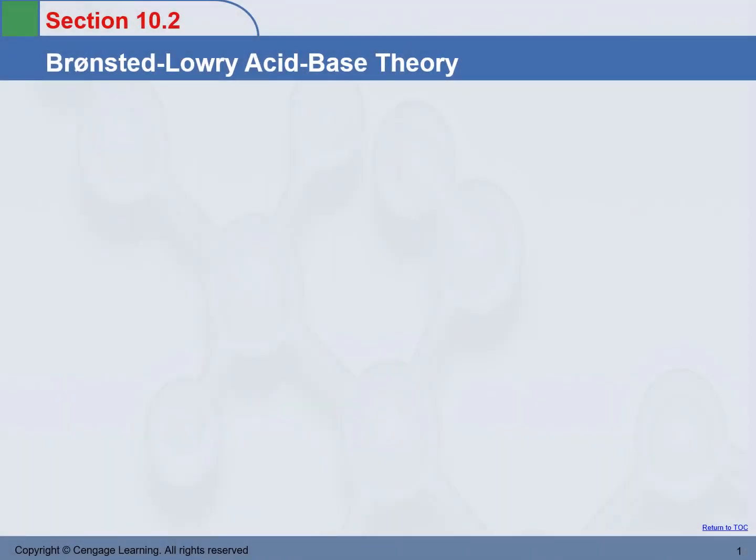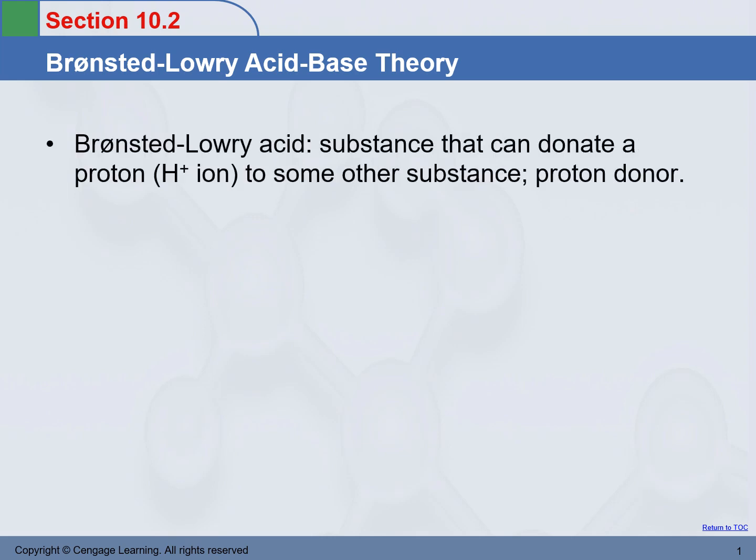In the last episode, we discussed the Arrhenius acid-base theory. This time, we look at acid-base with another theory that is called Brønsted-Lowry theory. In the Brønsted-Lowry theory, an acid is defined as a substance that can donate a proton to some other substance.